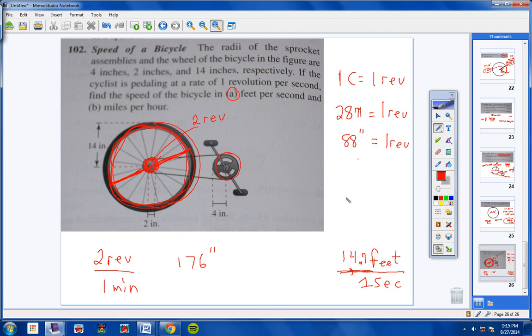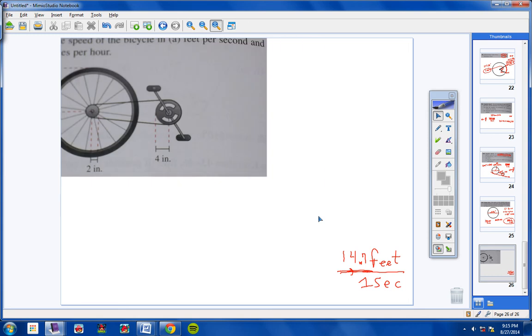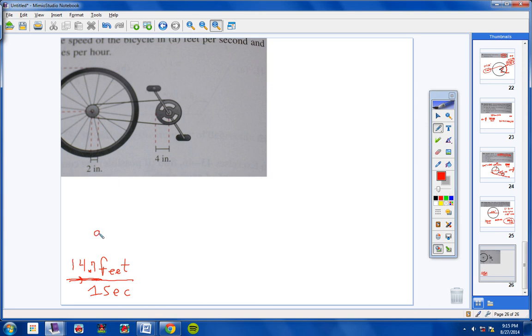Okay, now let's take that and convert it to miles per hour. All right, so there's the answer to part A right here. And now part B wants us to end up with miles per hour.